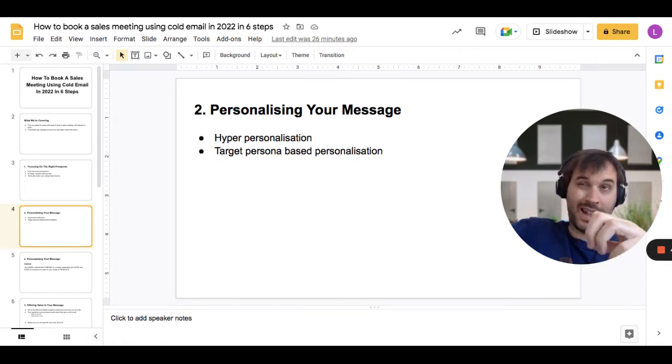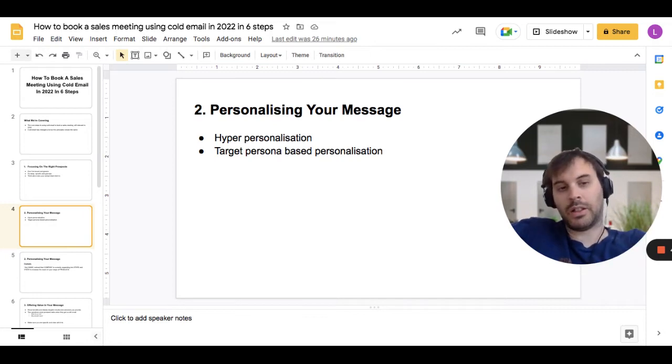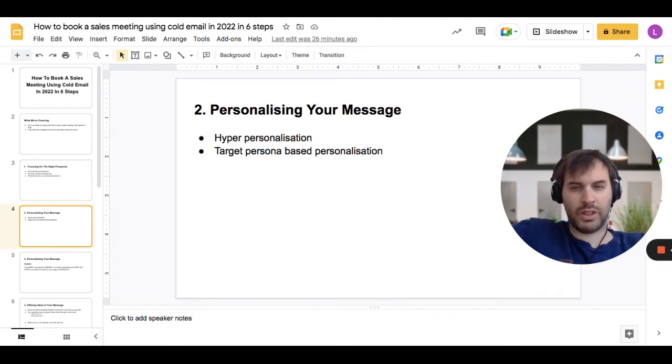It is particularly relevant if you're doing account-based cold emails, where it's enterprise-level accounts or really big deal sizes, maybe really small target markets, where this hyper-personalized approach really applies. For most businesses though, target persona-based personalization is really where it's at.